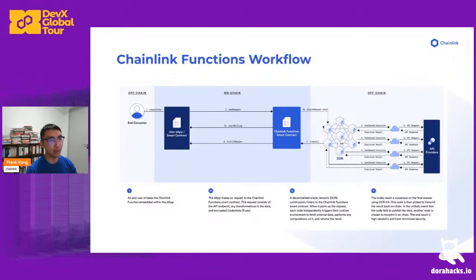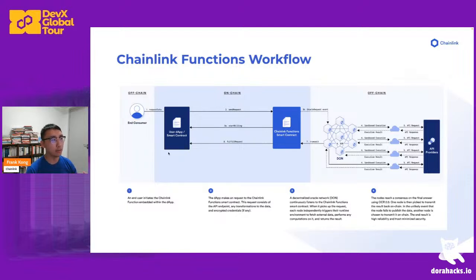Similar to the Chainlink data feed, in Chainlink Functions we also have a decentralized Oracle network. This DON is used to receive requests from the user. This is an on-demand smart contract service. Only if the user sends a request, the DON will handle it, maybe doing some computation or an API call.